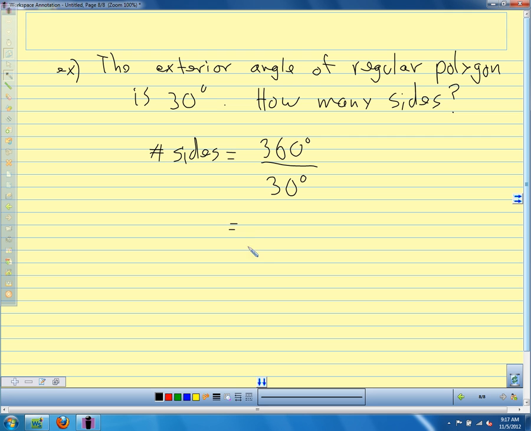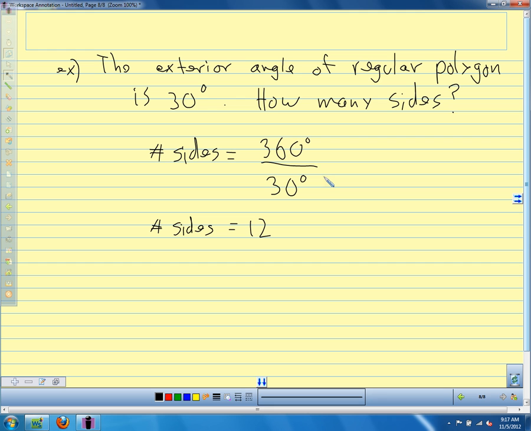So 360 divided by 30 is 12. So the number of sides of this polygon with an exterior angle of 30 degrees is 12. We just divided 360 degrees by the exterior angle. Questions on that example?